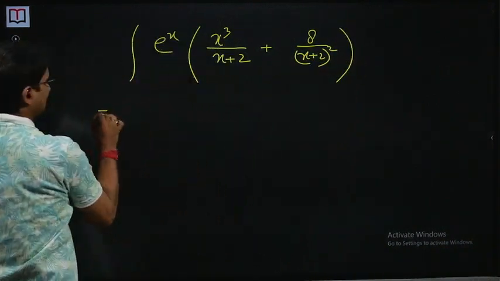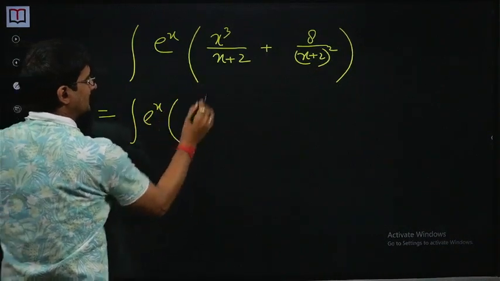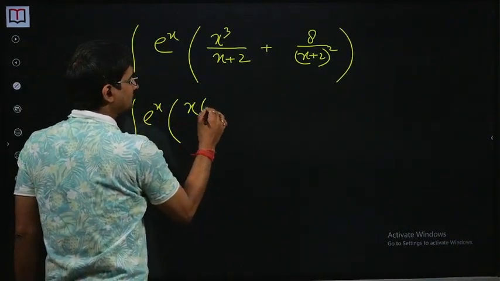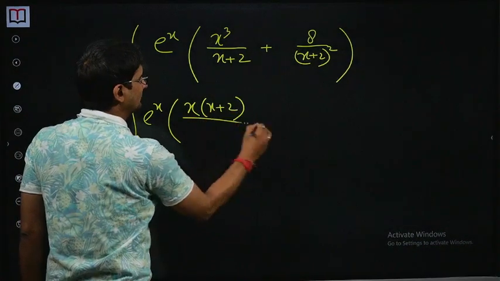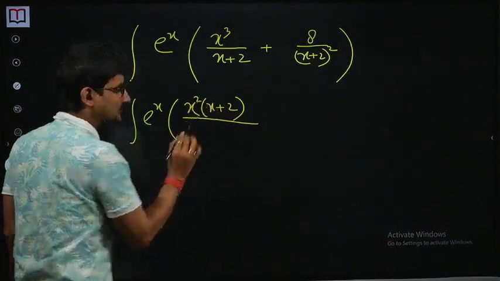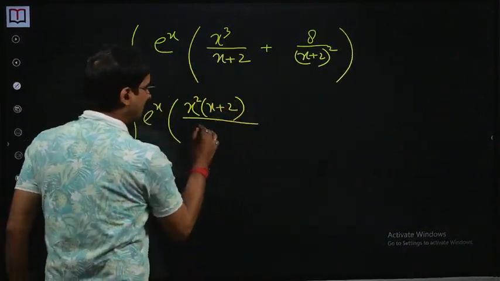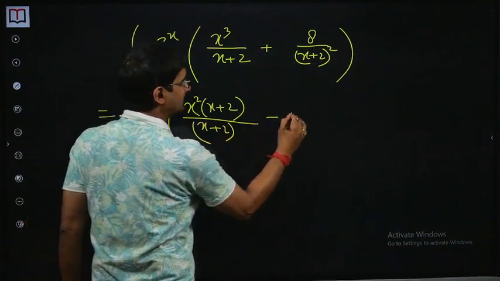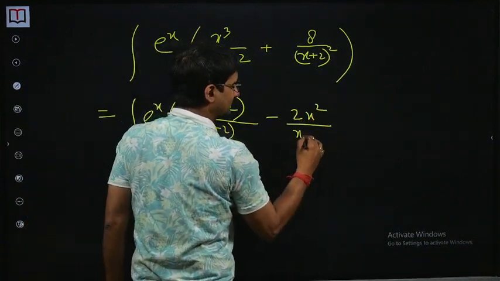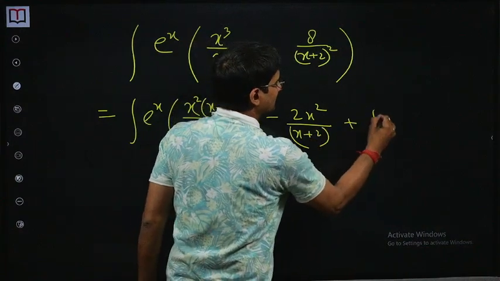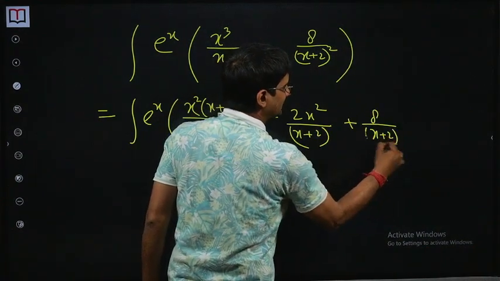Okay, then I moved further and wrote it as x into x plus 2, rather x square, balancing it, or you can say dividing numerator by denominator, upon x plus 2, so minus 2x square upon x plus 2 plus 8 upon x plus 2 whole square.